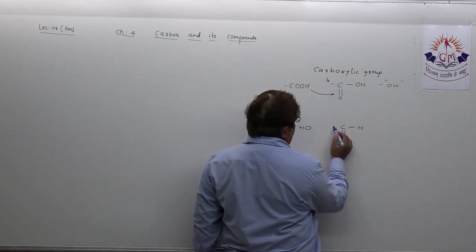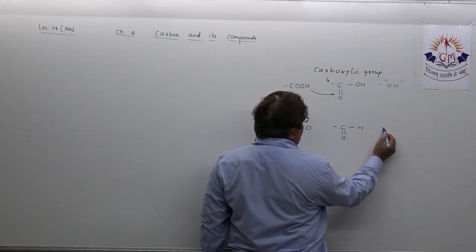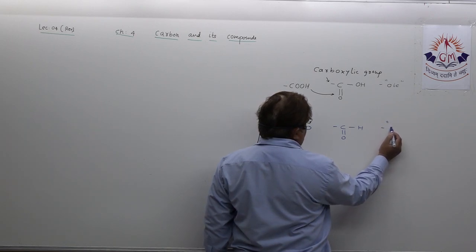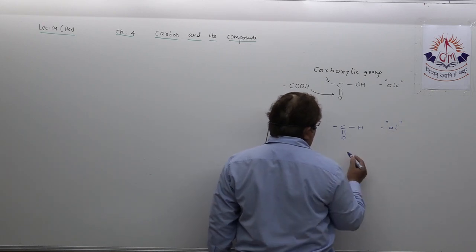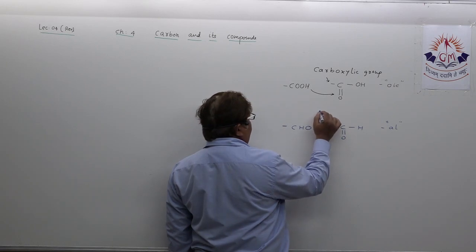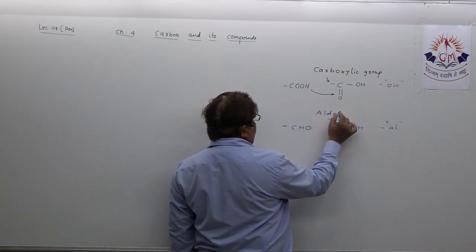CHO. And for that, the suffix which you will add at the end of the organic compound is al, and as you know, it is known as the aldehyde group.